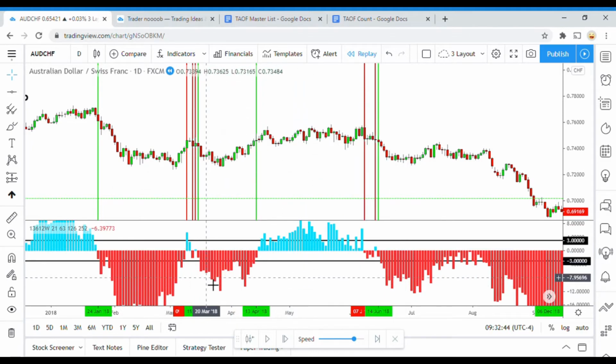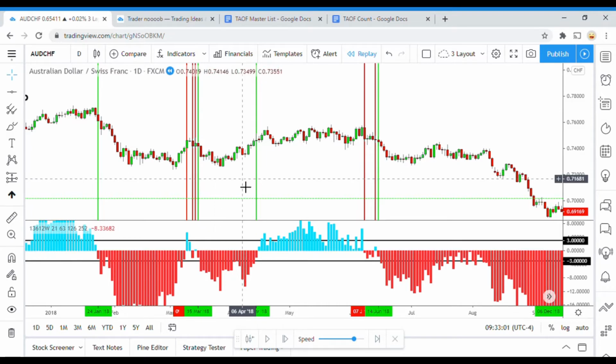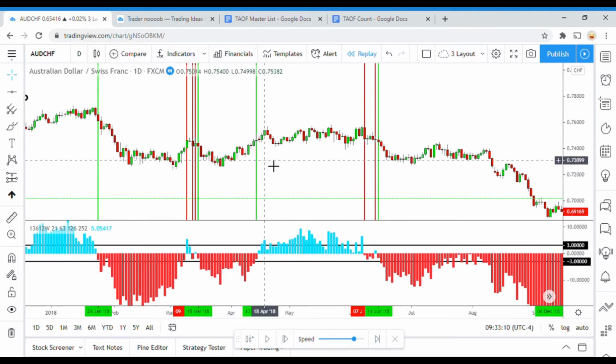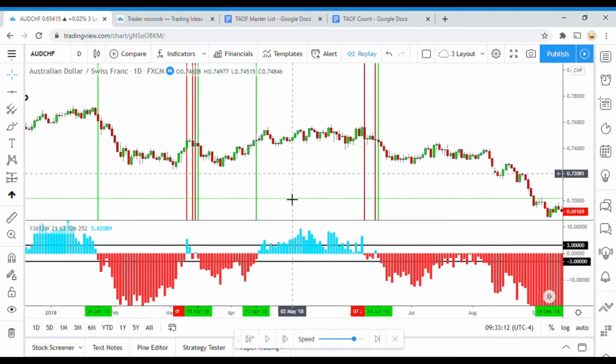When you do this, it has to have a lot of momentum behind the move before, like I said, the trade gets triggered. You'll still have signals where you don't win that signal.